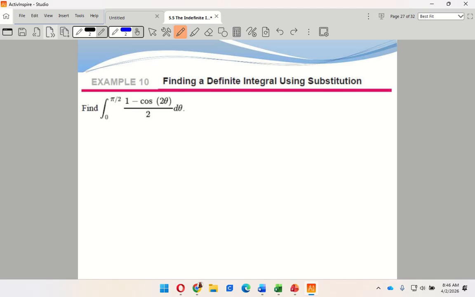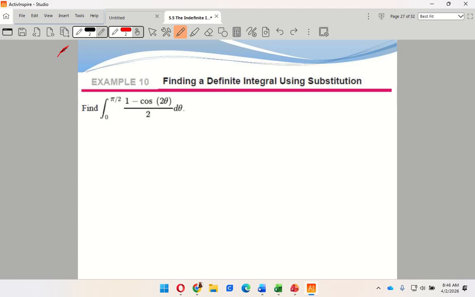You ready? Yeah. So I look at it first and I say, hey, what do I want to get rid of? What is the part that I look at and be like, hey, that would be a chain rule? The 2 theta, okay?